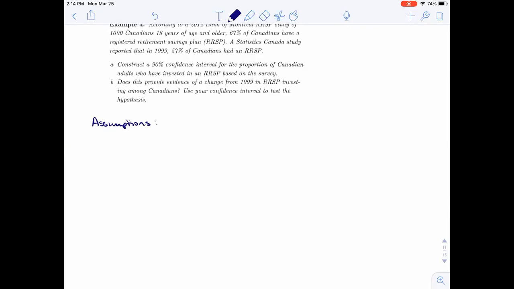So our assumptions, the first part, and I like to label the 2 chunks, kind of 2 phases. You don't have to. But the first thing we're checking is independence. The first part of that is, do we have a random sample?